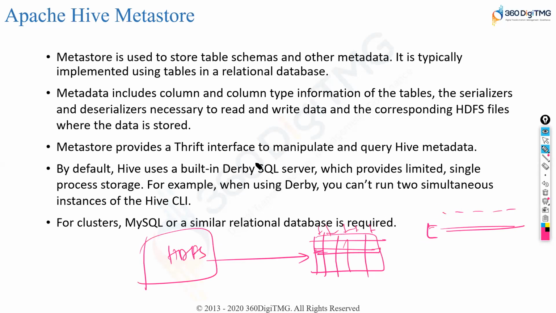Right? Now, the Derby database that we are talking about is a single instance database. Single instance means at one time you can access Derby from one account only. Right? So we cannot run two simultaneous clients of the Hive command line interface.